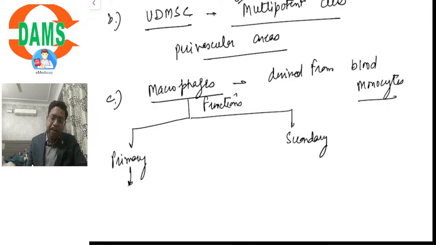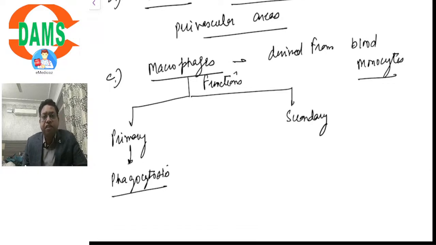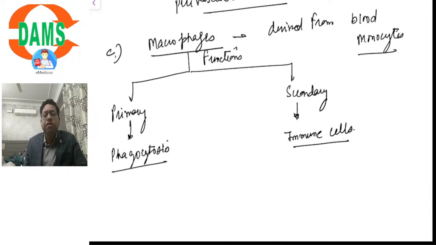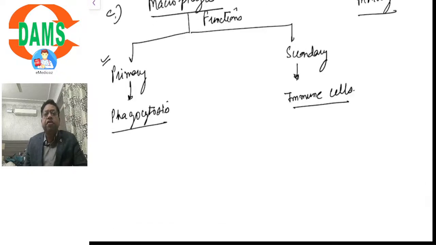Primary function, as the name indicates, macrophages phagocytose antigenic materials like bacteria, viruses, etc., which present a challenge to the pulp during disease. Secondary function is they act like immune cells. They contribute to certain immunity of the dental pulp by recognizing certain antigens. But the primary function is phagocytosis of antigenic material.